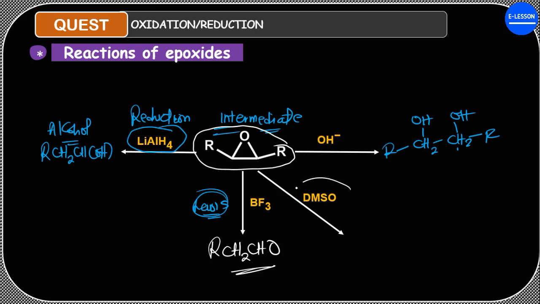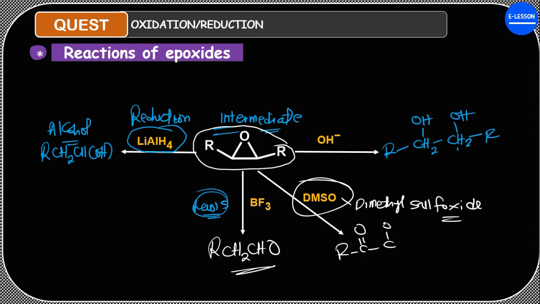Now how about dimethyl sulfoxide? This is dimethyl sulfoxide. It's an oxidizing agent. If you react them with dimethyl sulfoxide, it's going to give us an alpha ketal. Alpha ketal is something like this. C, there you have OH, and then you have arrow.